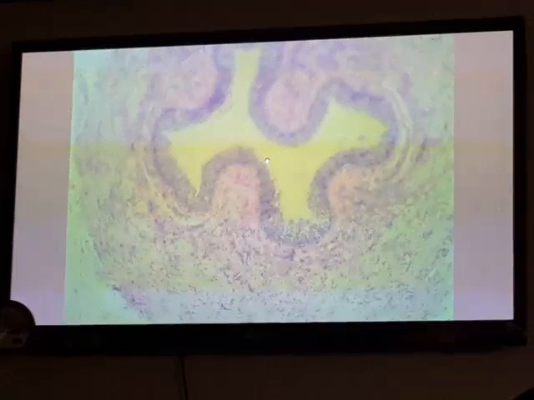Next slide is a cross section in the ureter. The lining epithelium of the ureter is transitional epithelium. Transitional epithelium is a modified stratified epithelium. Beneath it we have the lamina propria.